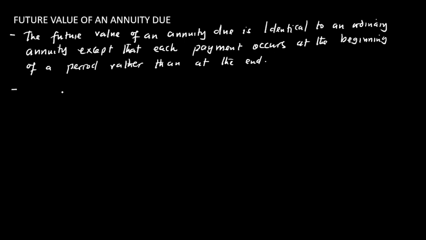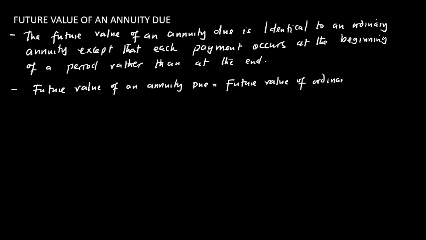We can say that the future value of an annuity due is equal to the future value of an ordinary annuity multiplied by 1 plus R, which is the rate.